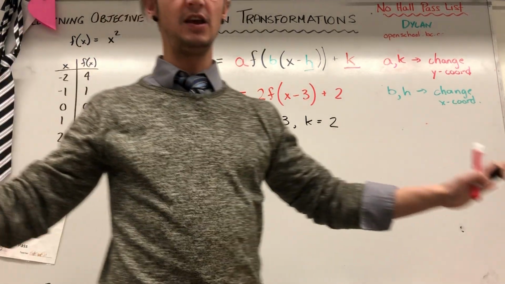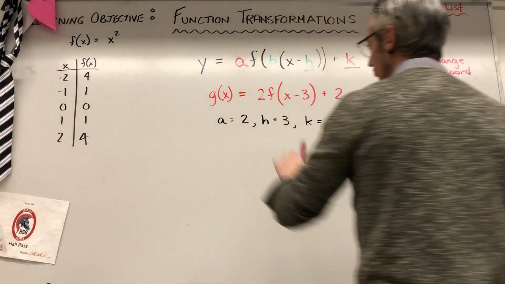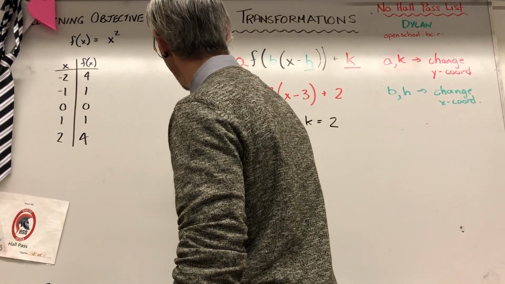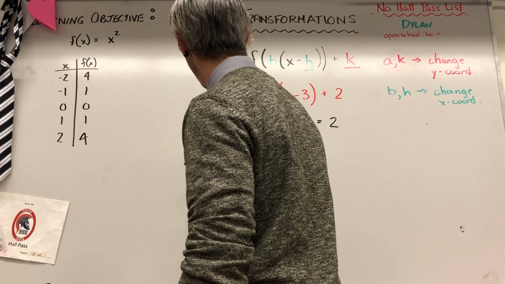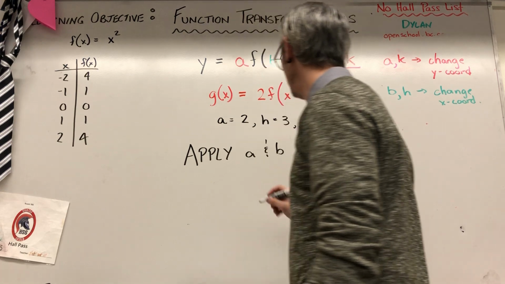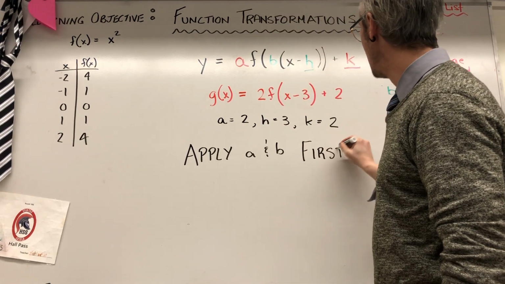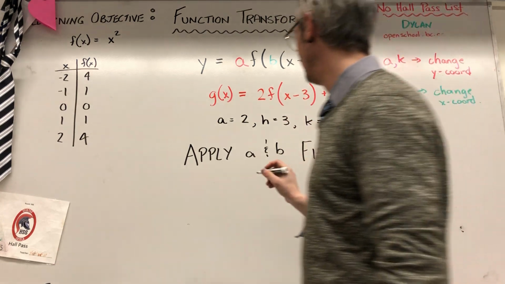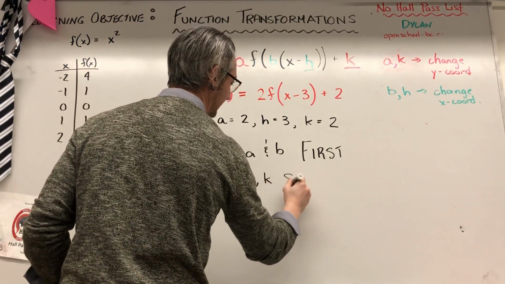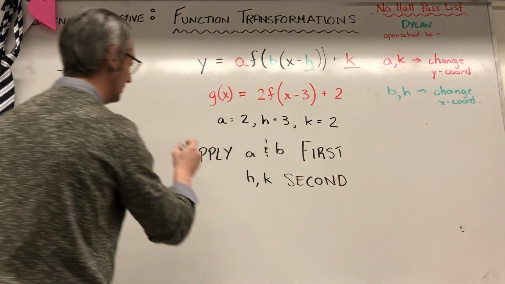So here is the important rule for combinations of function transformations. We always apply A and B transformations first. And then I do the adding and subtracting of my shift second. H and K come second. Big and bold so that you don't forget it.